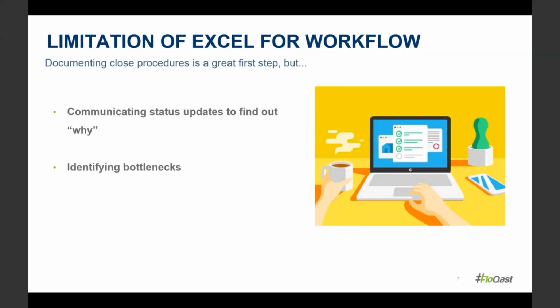And because the checklist itself is still pretty manual in nature, identifying bottlenecks can be a little difficult as well. You'll still be relying on those status meetings to get updates. So just be aware when you're having those updates, taking notes of some of the activities that may be taking longer than others.